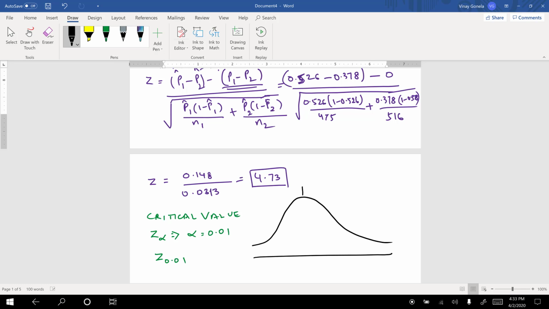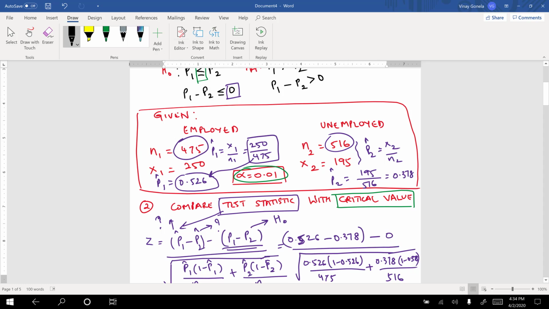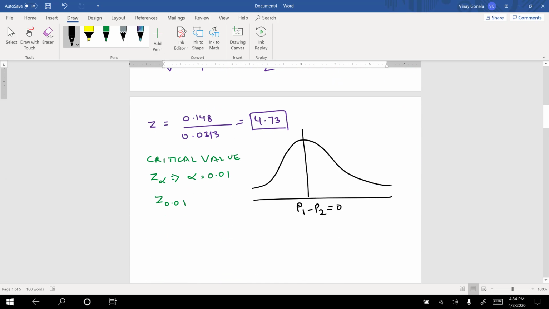If this is your normal distribution curve, P1 minus P2 is equivalent to 0, and your null hypothesis is P1 minus P2 less than or equal to 0.